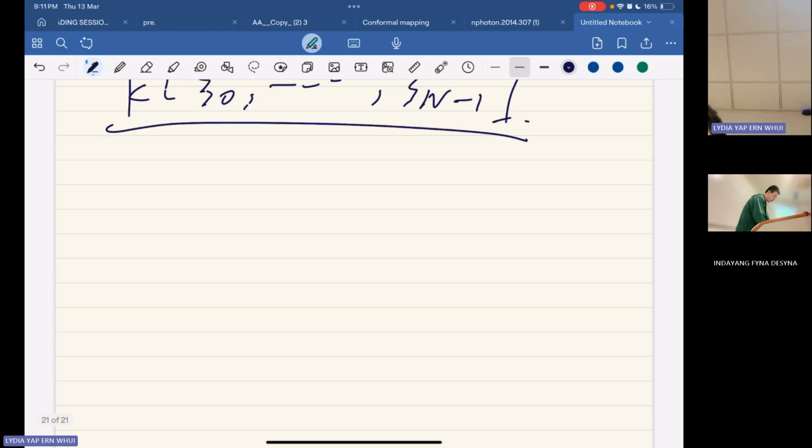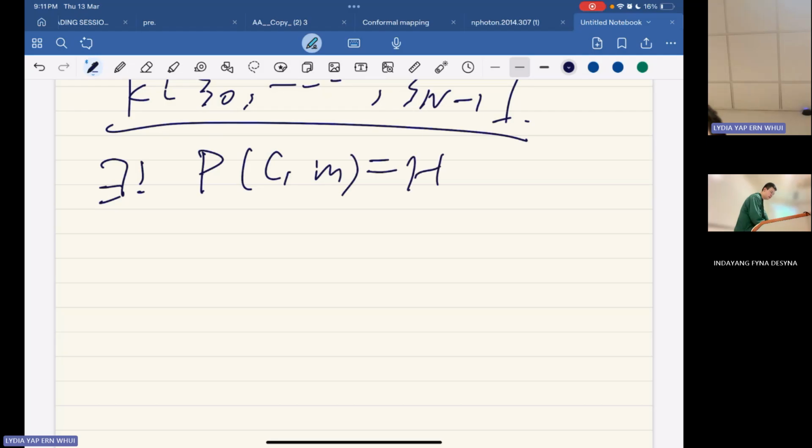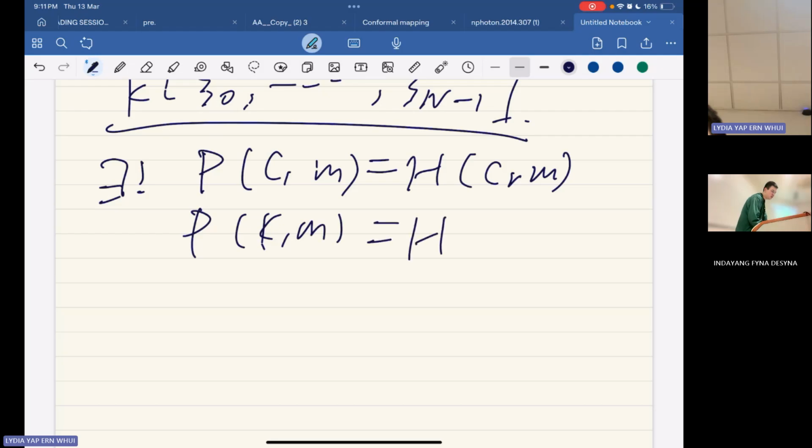Which means there is a unique polynomial P_C(m) equal to H_C(m), and a unique polynomial P_K(m) equal to H_K(m), such that these two things are equal for sufficiently large m.